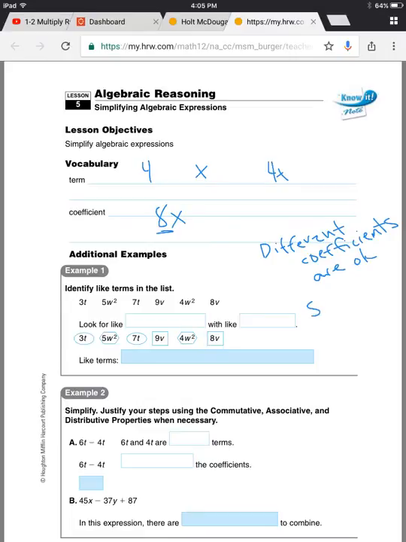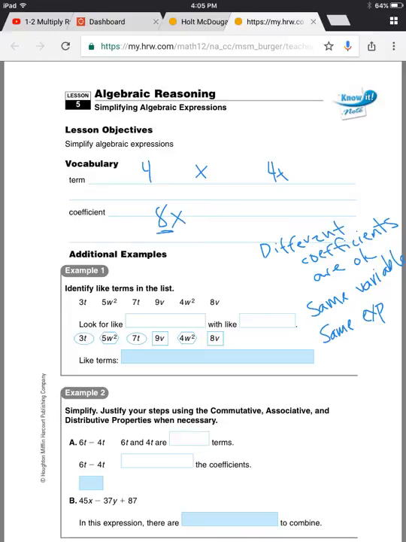They must have the same variable and the same exponent. Okay, so I'm going to put exp for exponent. That's the little number up to the right. So different coefficients are okay, but they must have the same variable, they must have the same exponent in order to be a like term.